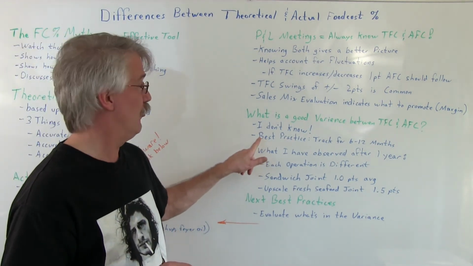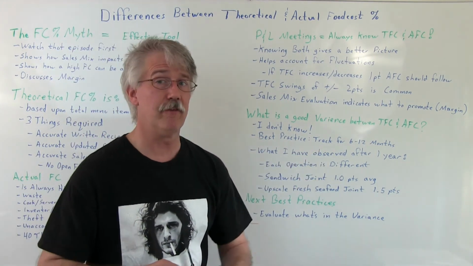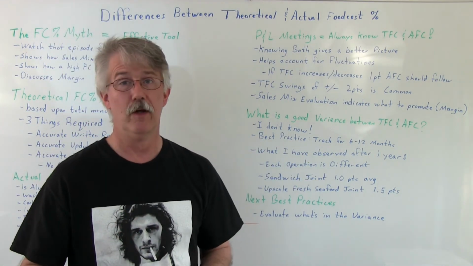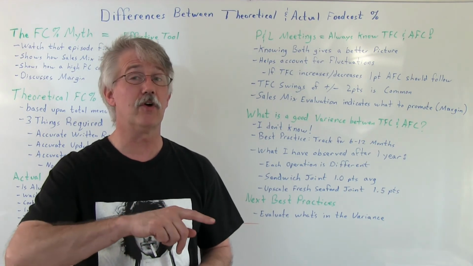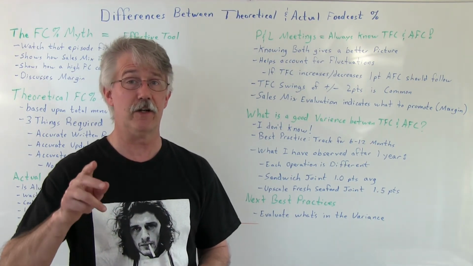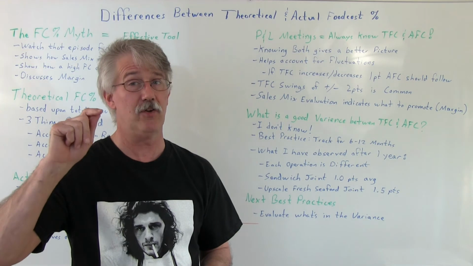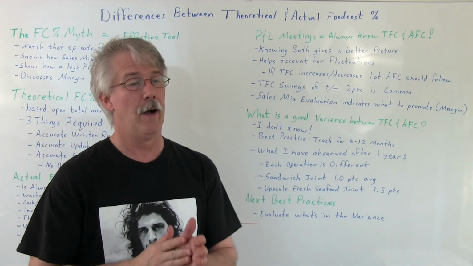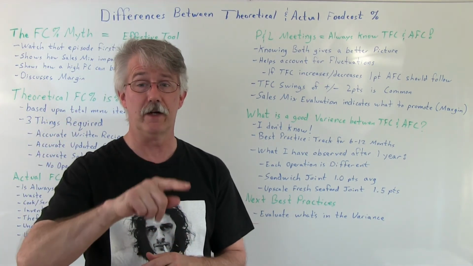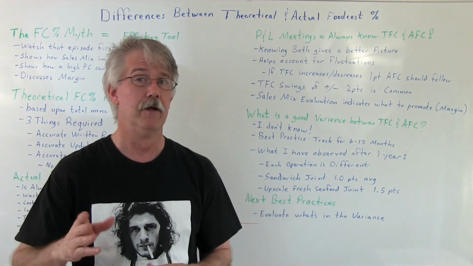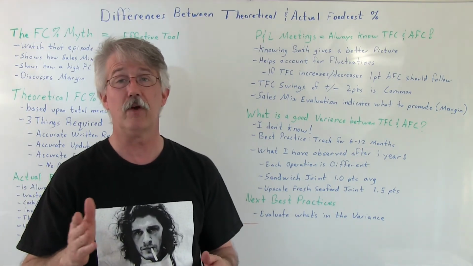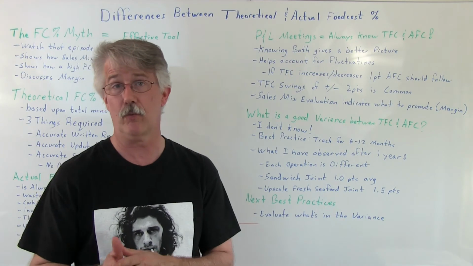Best practices, first of all, are to track your venue for 6 to 12 months. Over a period of 6 to 12 months, you're going to see a trend of a variance between your theoretical and your actual food cost. And that's going to be very helpful because once that trend is set up, then you'll know that you should be within 1 point or within 2 points or whatever.